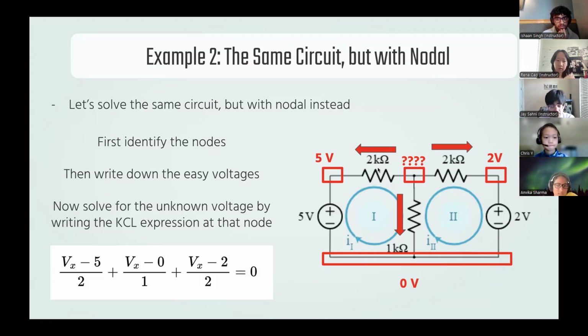Yes, exactly. Kirchhoff's current law essentially says that all the currents going out equal all the currents going in, and since there's no current going in, all of them going out have to equal 0 as well.